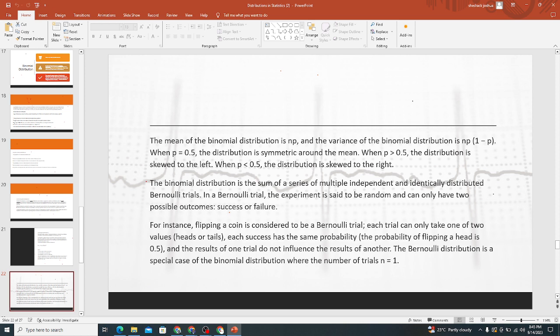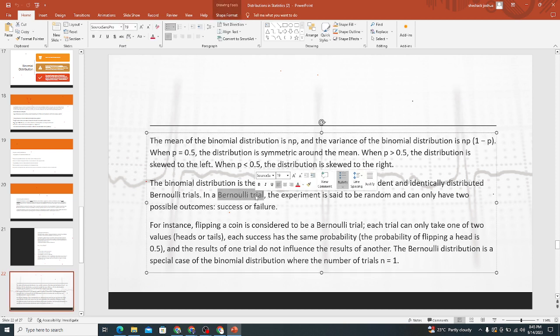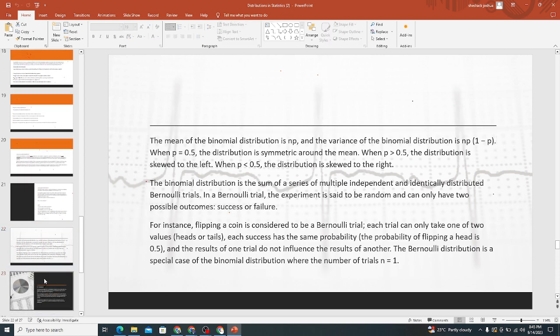And to give you a heads up, under the binomial distribution we can get what we call the binary distribution, which is a special case of the binomial distribution.